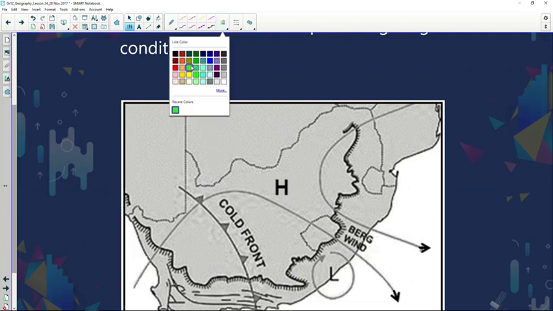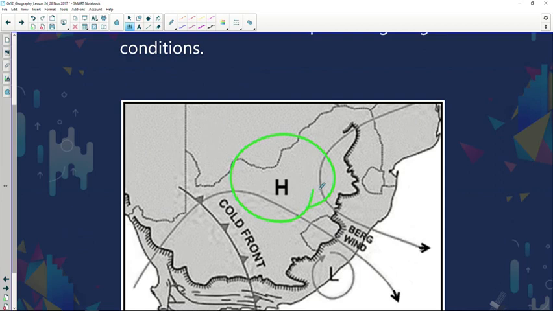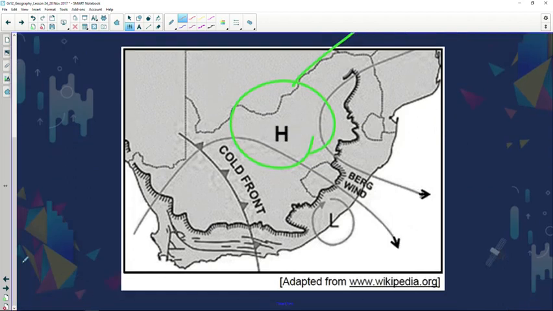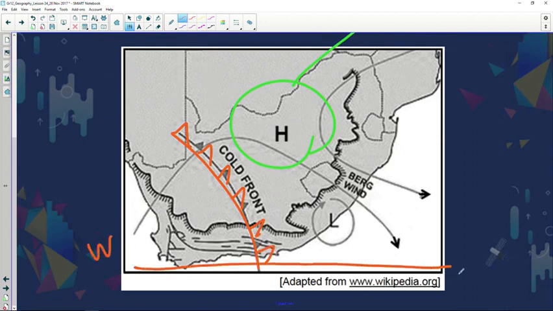First of all, my first clue, there's a high pressure system present, and that over the interior is the Kalahari high pressure system. Then we have mid-latitude cyclones taking place in the winter. There's the cold front, as you can see, approaching from west, moving all the way to east.